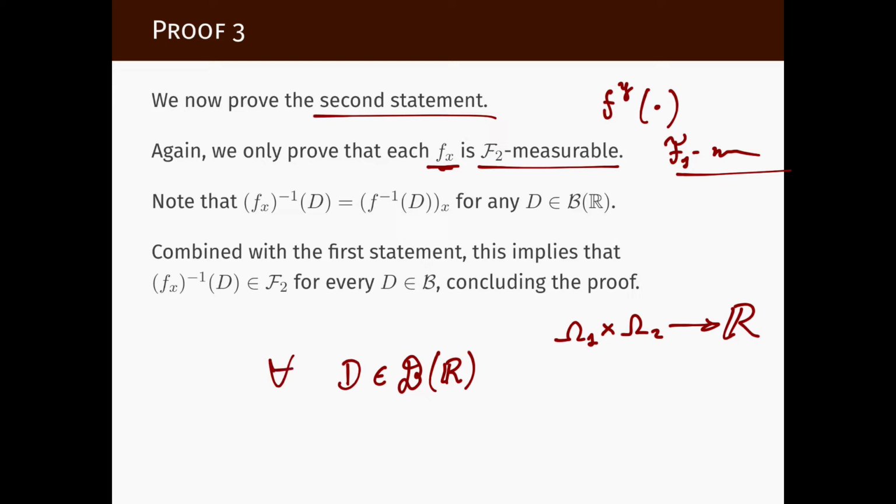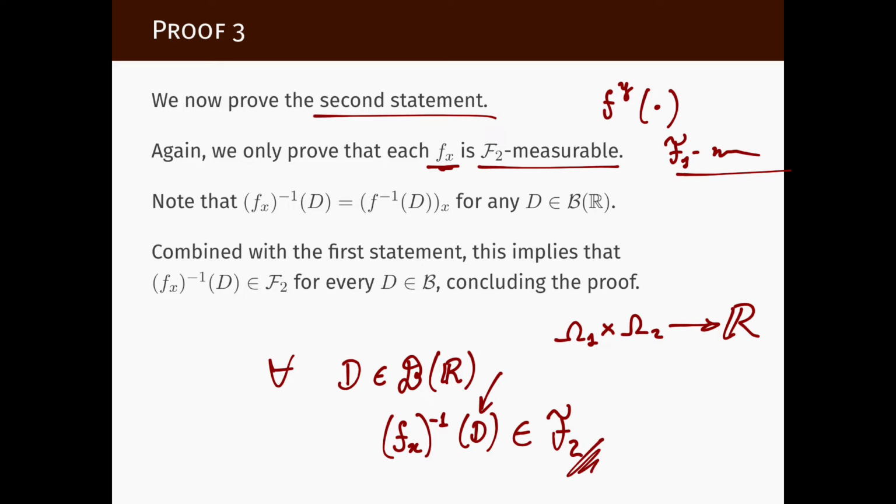We show that for every measurable set D, the pre-image of that set is in the sigma algebra of the source space, which will be F2, because now we're talking about the function f_x for x fixed. So it's a function only of y. So now we are taking the y pre-image of any Borel set D. We want to show that it's in F2.